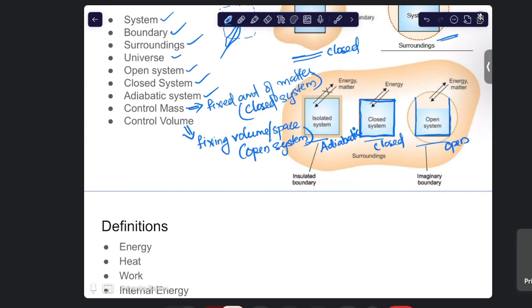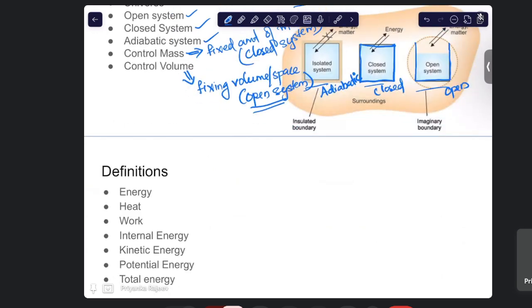So the amount of matter is changing, and so is the energy. That is another definition of an open system. So the control volume approach of solving a problem means we are considering something as an open system, and then solving the problem.